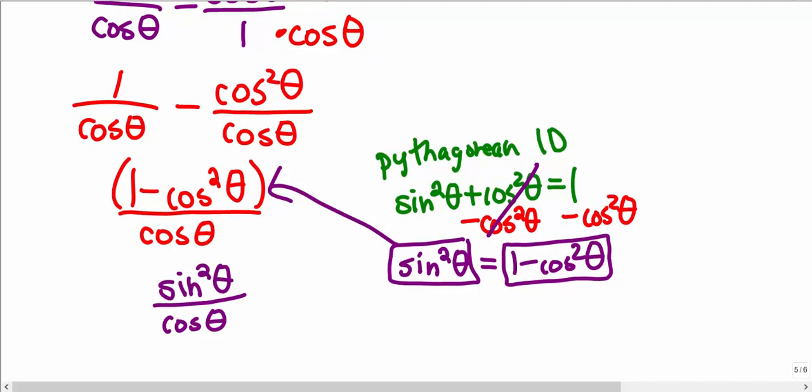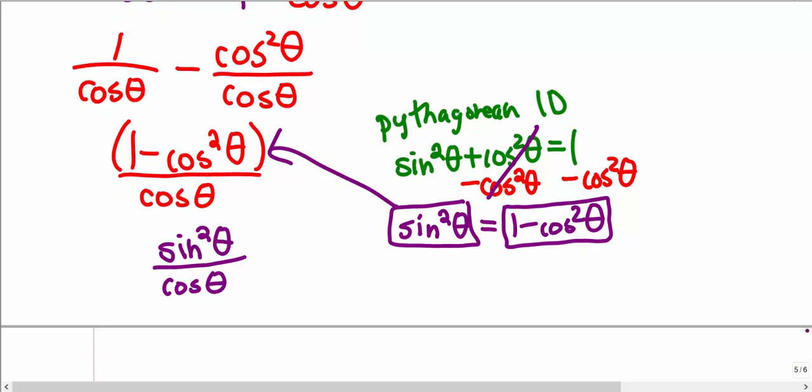Now that I've done this replacement, I still don't want to have fractions in my final answer. So we're going to take care of that by thinking about sine squared theta as sine theta times sine theta. So let's separate it here, and let's write that all over cosine theta.